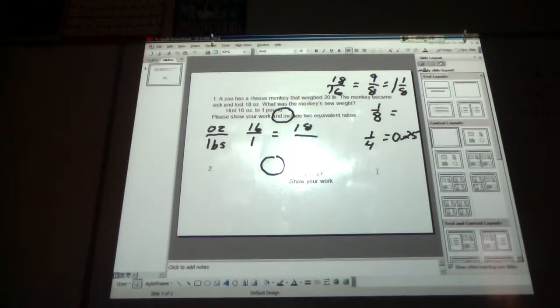Everybody agree? Well, 1/4 is two eighths, so 1/8 plus 1/8 is 2/8, or 1/4. So 1/8 is half of 0.25. So guess what that's going to be?